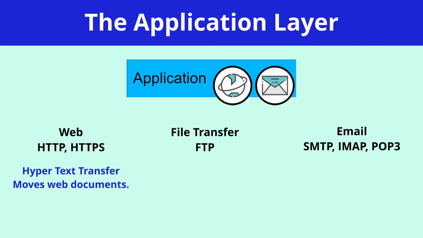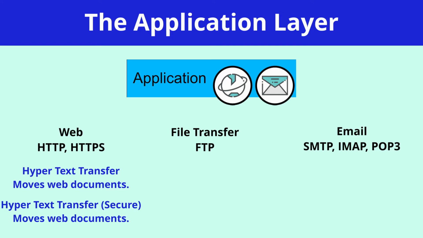HTTP is the Hypertext Transfer Protocol, and it's used to transfer documents between web servers and browsers. These documents are usually HTML pages, images, CSS, and JavaScript files. HTTPS is the encrypted version of HTTP, as denoted by the S, and is viewed as being more secure.